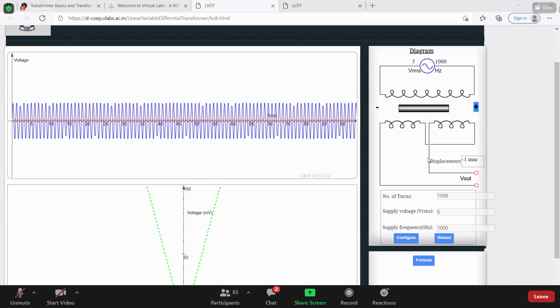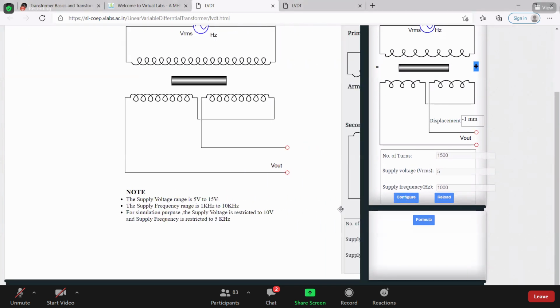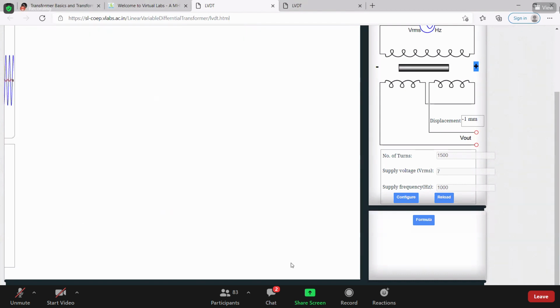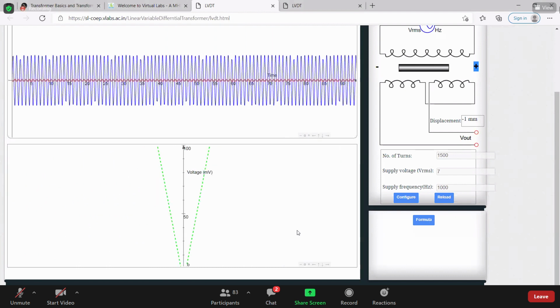Click on configure. Yes, sir. Change it to 7 from 5. Then what you have to do?